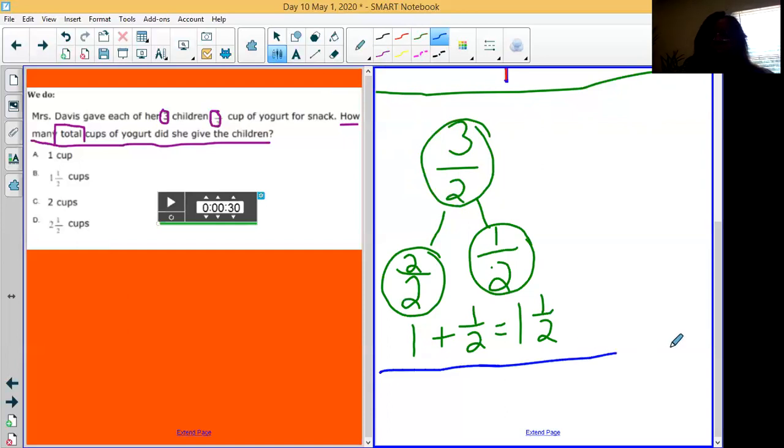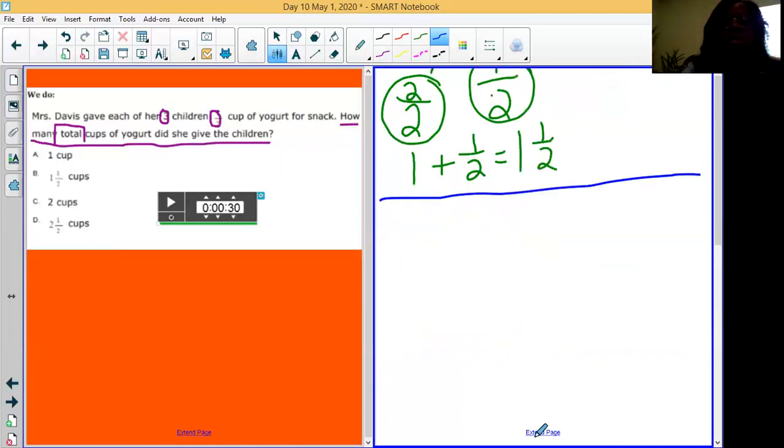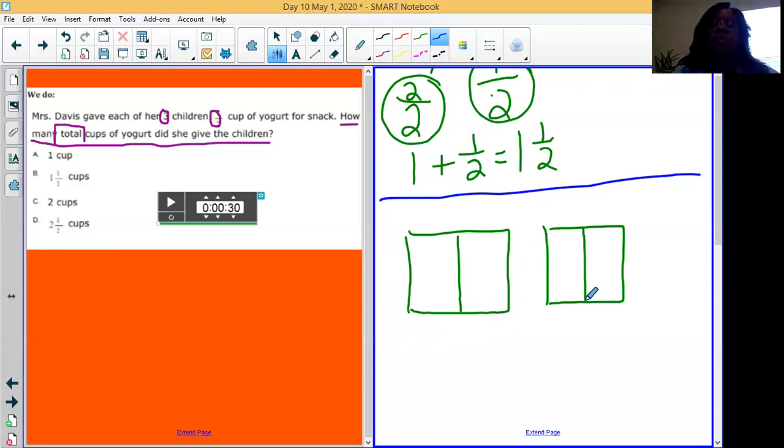Okay. Now, our last resort would be to draw pictures. Again, our denominator is 2. So I have to draw everything in 2 parts. Everything has to be divided into 2 because my denominator is 2. So I'm trying to show 3/2.